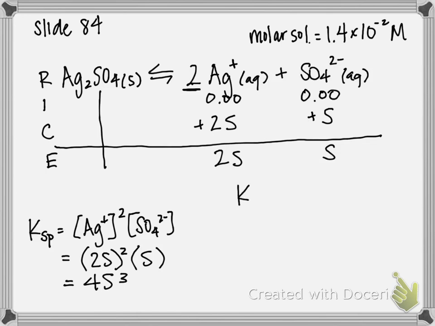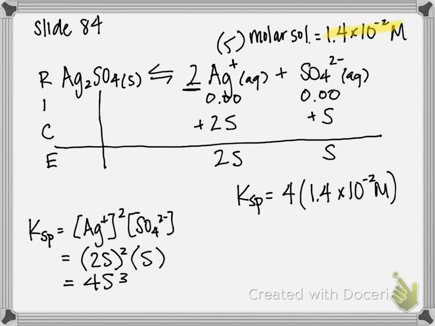So I don't technically know my KSP, but I do know, written up here, my molar solubility. So molar solubility, in this case, that is my S. So KSP is going to be equal to 4 times 1.4 times 10 to the negative 2 molar, and that is going to be cubed.